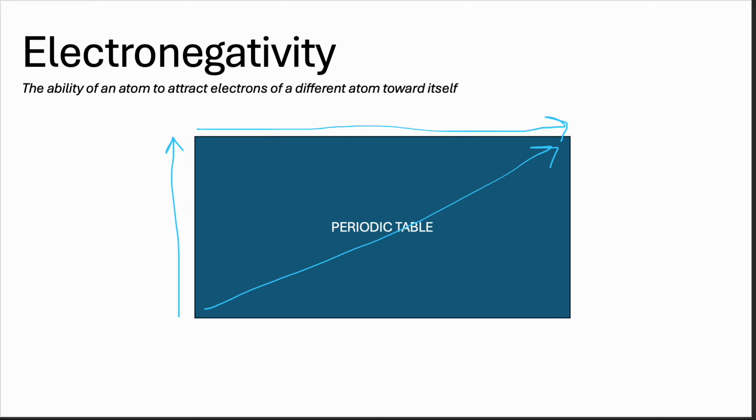Okay, and lastly, how can we understand electronegativity with our effective nuclear charge and our number of electron shells? So we start with effective nuclear charge. And the rationale is similar here to ionization energy, but slightly different. So with effective nuclear charge, the bigger my effective nuclear charge, the bigger my electronegativity, which again makes sense, because if effective nuclear charge is my net positive pull, then my ability to attract electrons of a different atom will also be greater, because in general I have more of a positive pull from my nucleus.